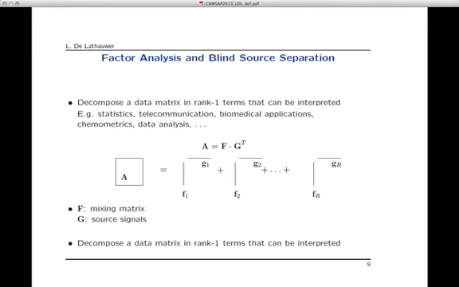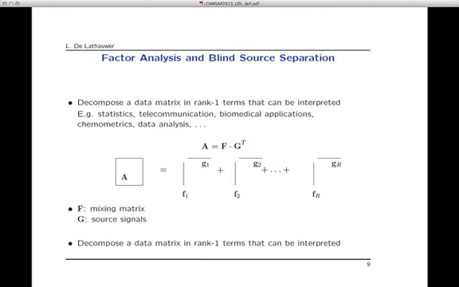These rank 1 terms are the different contributions to the data set. Here in G, you have, for instance, sources and source signals, and the F vectors are then mixing vectors, or you can say that here there are latent variables which have a loading across the different channels or whatever. So what we want to do is, given this matrix, find this decomposition.